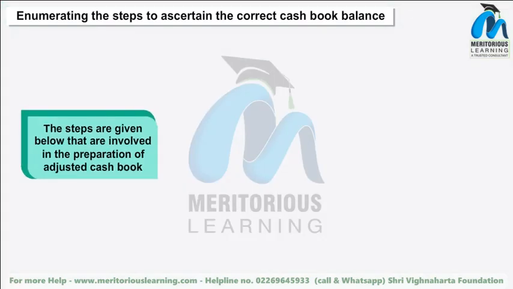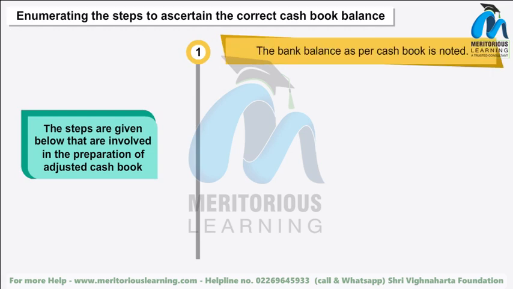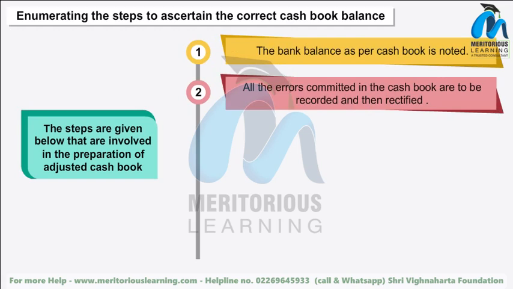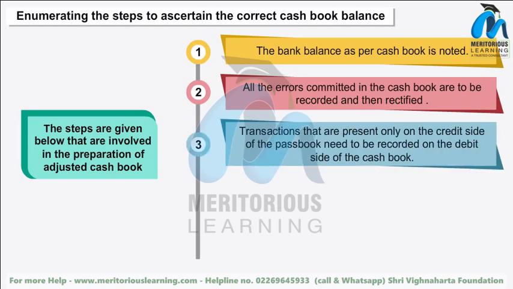The steps involved in the preparation of adjusted cash book are given below. 1. The bank balance as per cash book is noted. 2. All the errors committed in the cash book are to be recorded and then rectified. 3.